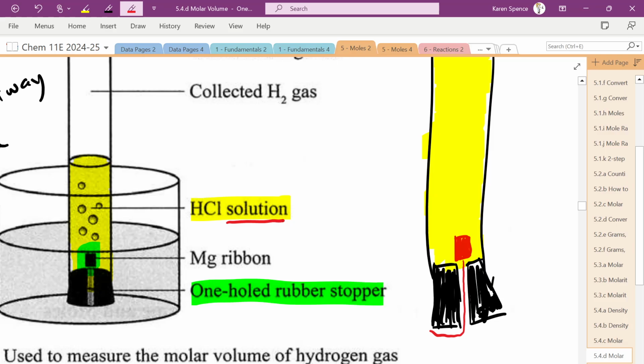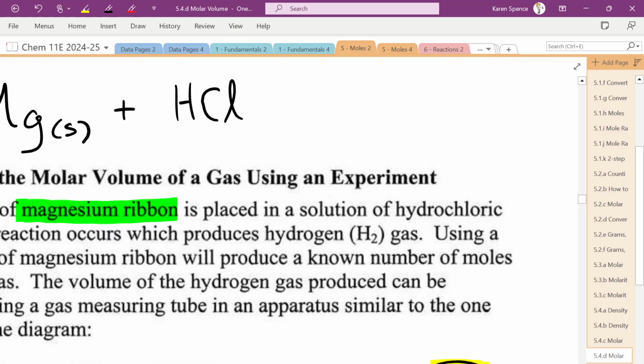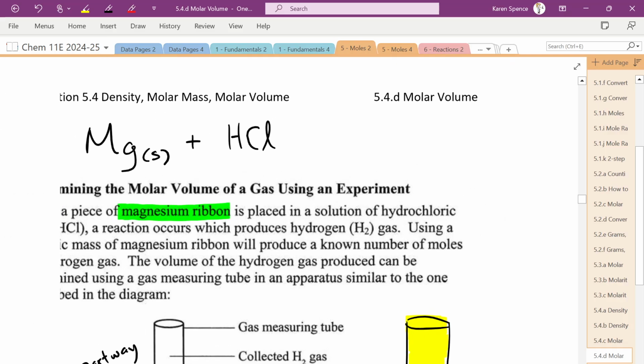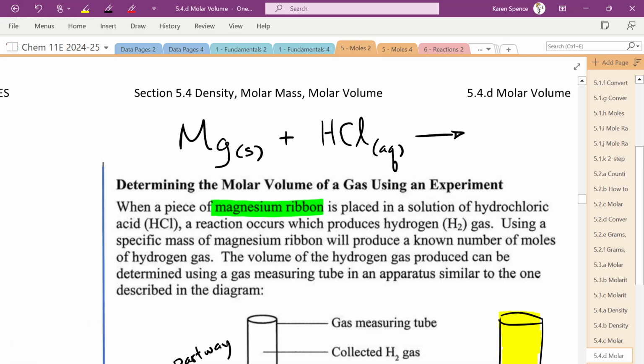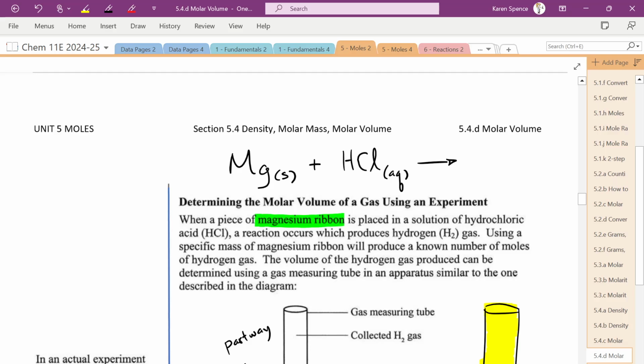If it's a solution, it is aqueous. Okay, so we have our magnesium solid, we have our HCl, which is aqueous, and do you remember the 6 types of reactions?